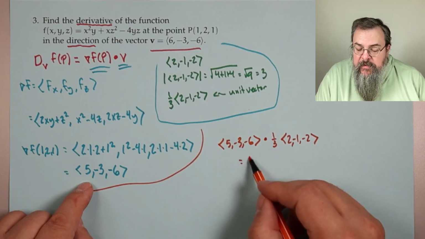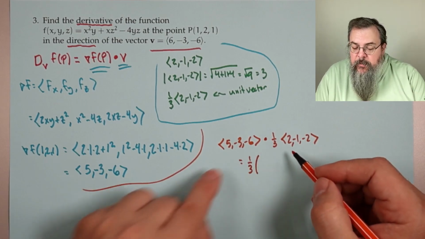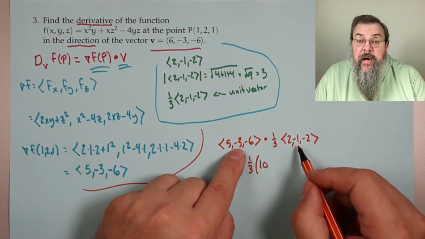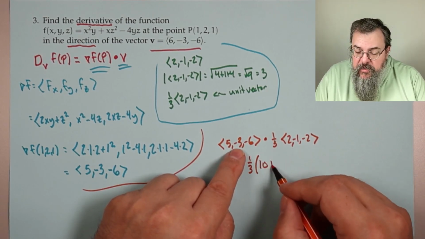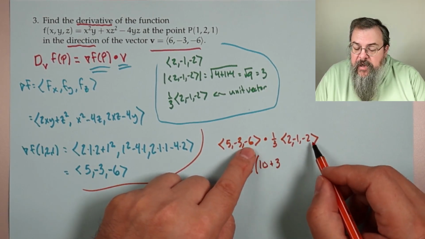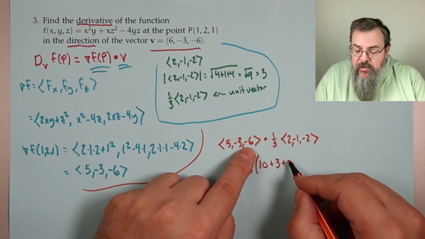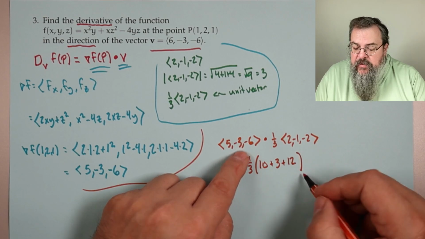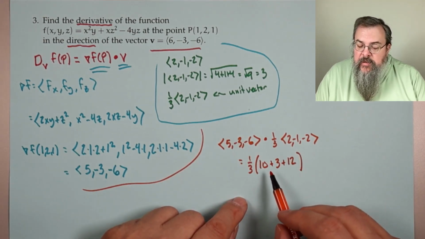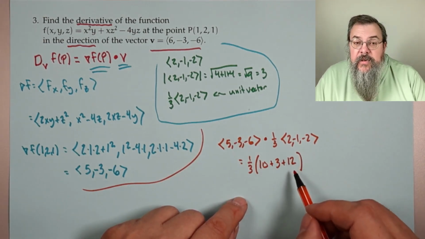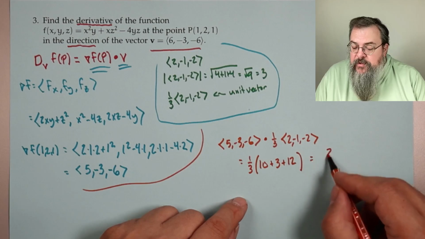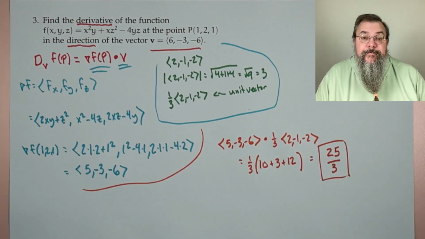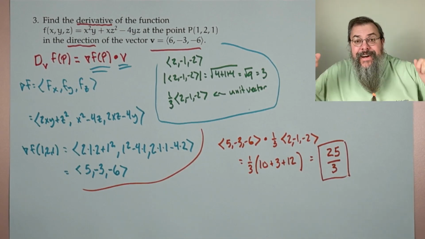The 1/3, I can just put in the front and work the dot product. 5 times 2, 10. Minus 3 times minus 1, 3, positive. Minus 6 times minus 2, 12, positive. 10 plus 3 plus 12 is 25. So we end up with 25 over 3. And there we go. Nice.